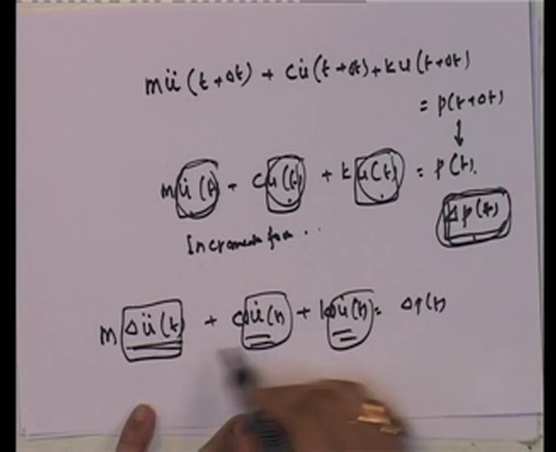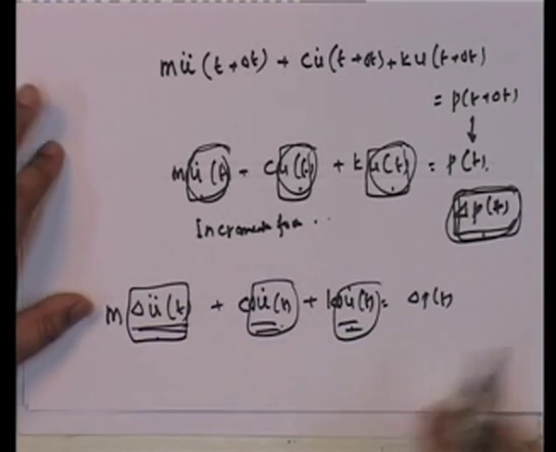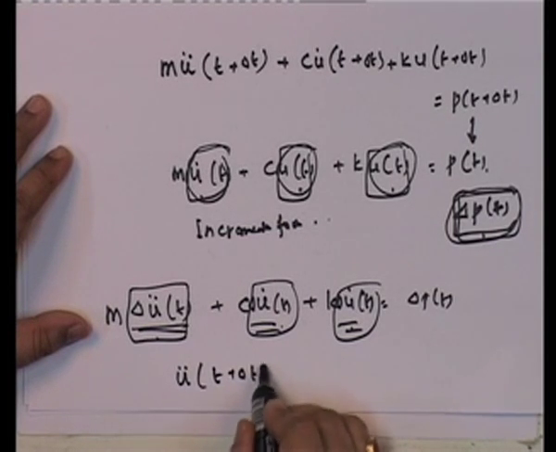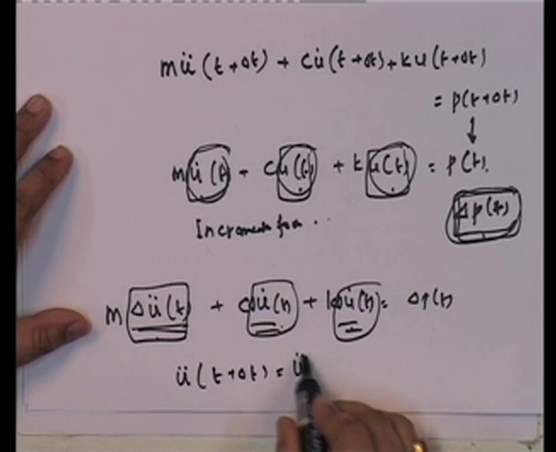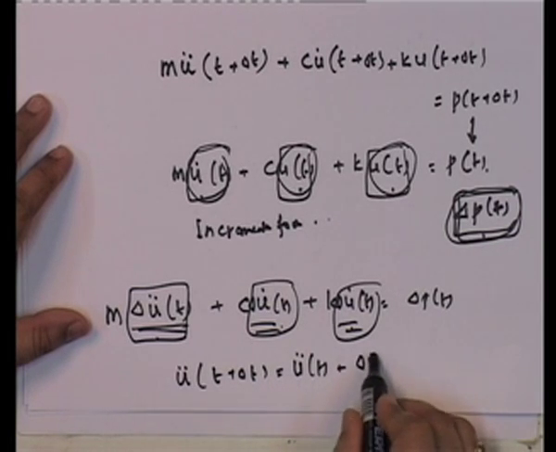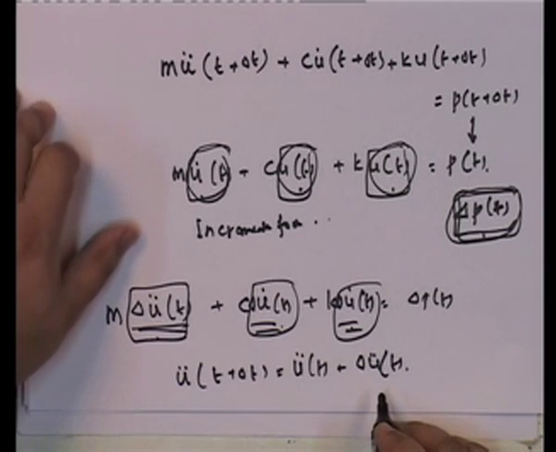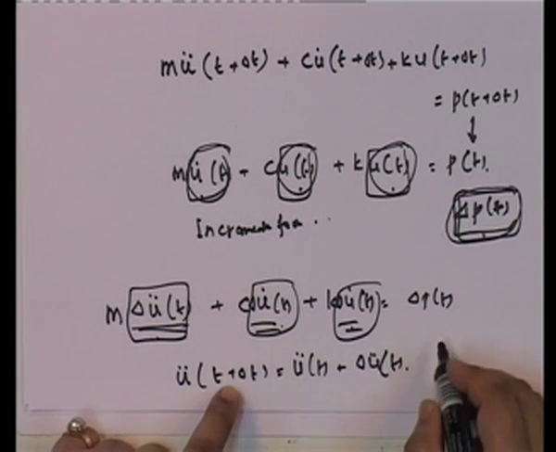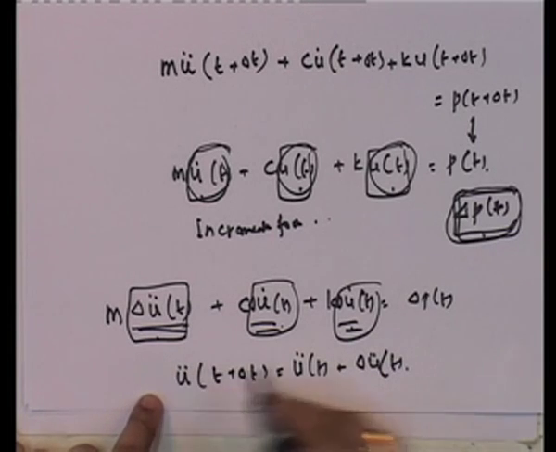And if I know these, if I can find these out, then my u double dot at time t plus delta t is equal to u double dot plus delta u double dot of t. Okay. So, I have found out the next step. Okay. So, I have found out all. Now, this is u double dot.